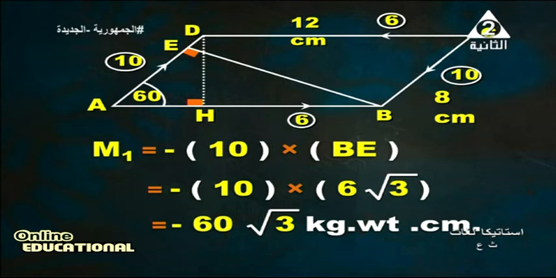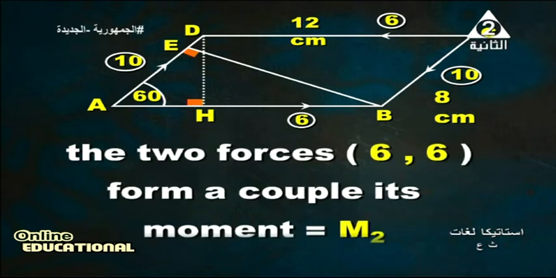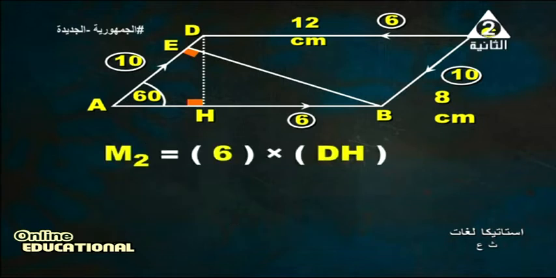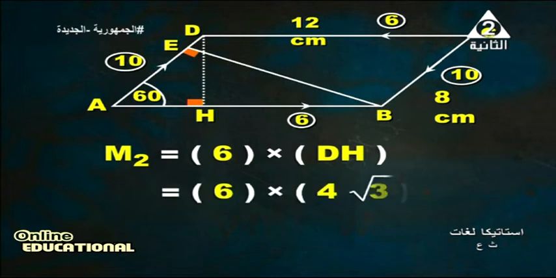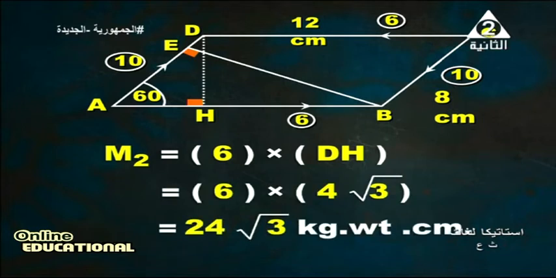Don't forget, the moment of a couple has unit kilogram weight centimeter. Also, the two forces 6 and 6 form a couple with moment M2. The moment M2 of the couple is 6 times DH. 6 times 4 root 3 equals 24 root 3 kilogram weight centimeter.